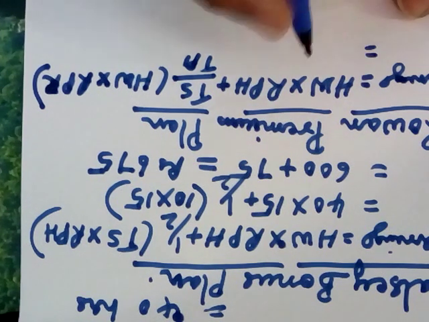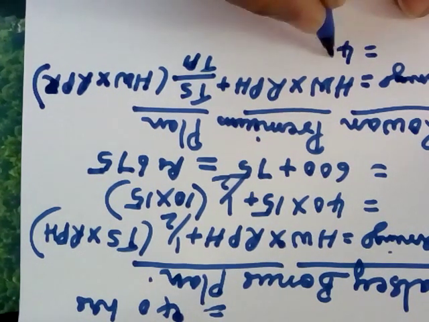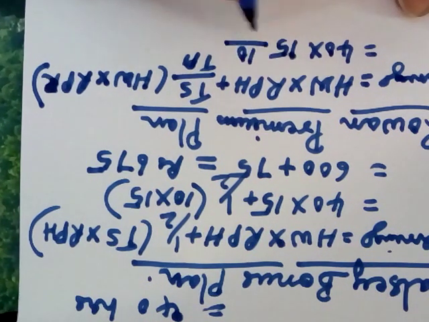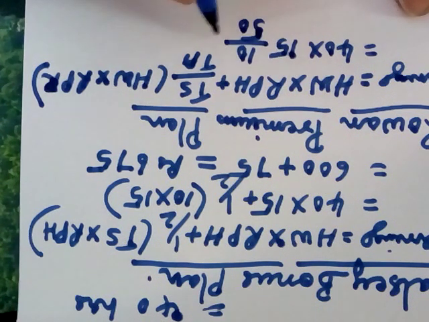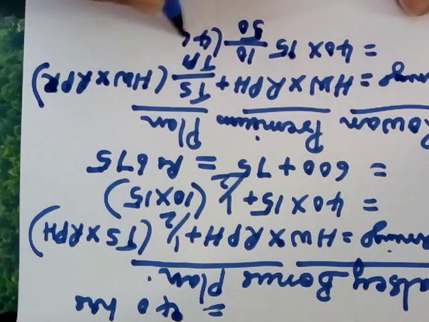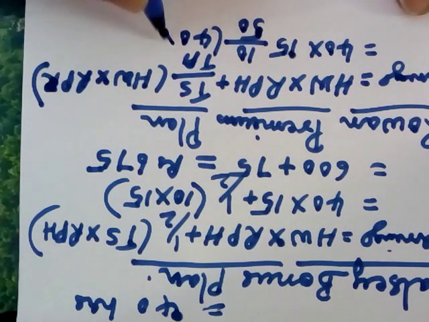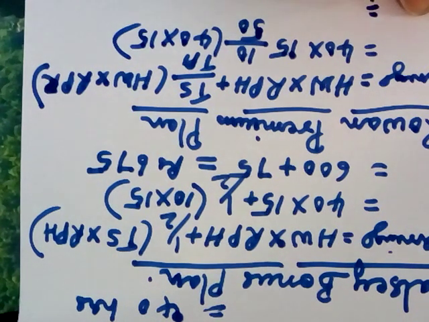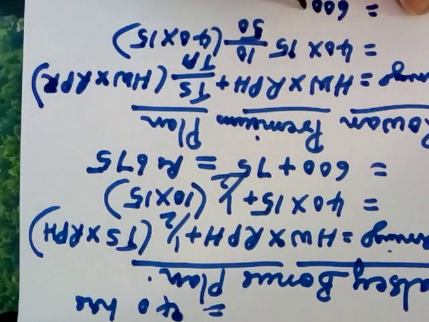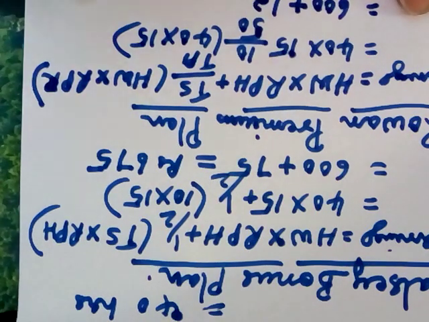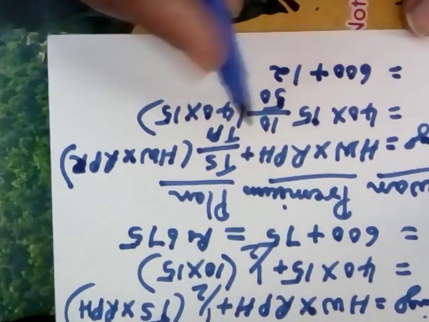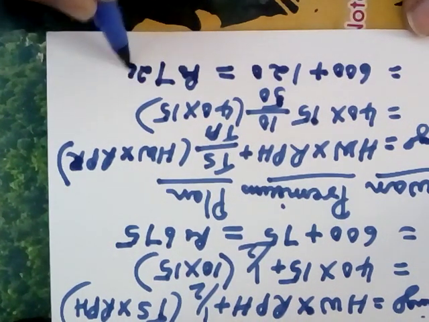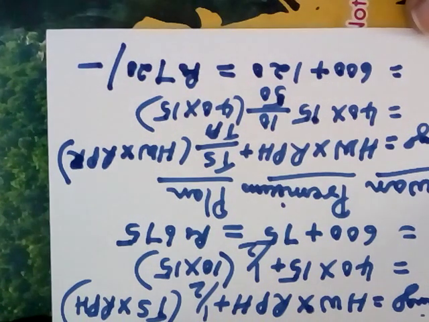Here the actual hours worked is 40 into rate per hour 15, plus time saved 10 divided by time allowed 50 hours into 40, the actual hours worked, into rate per hour 15. This comes to 600 plus 120, which is equal to rupees 720 under Rowan's premium plan.